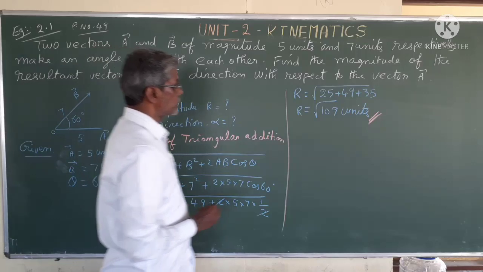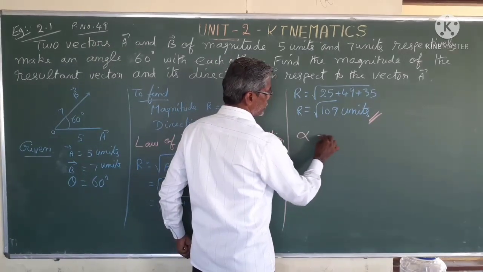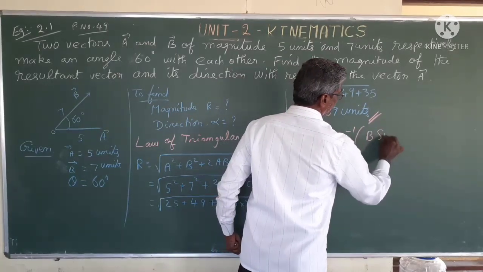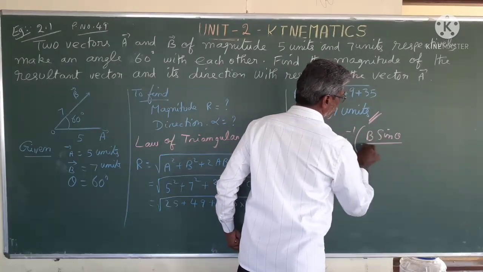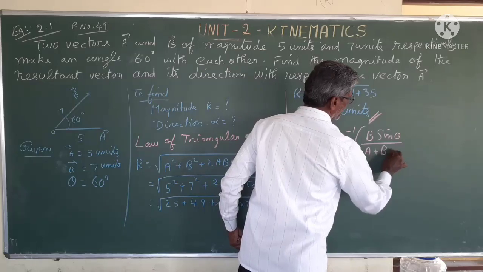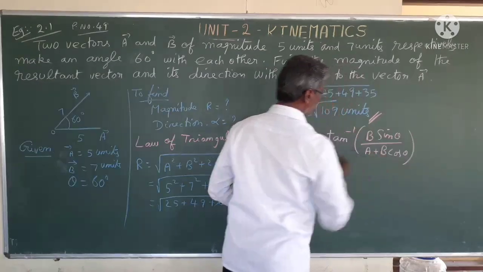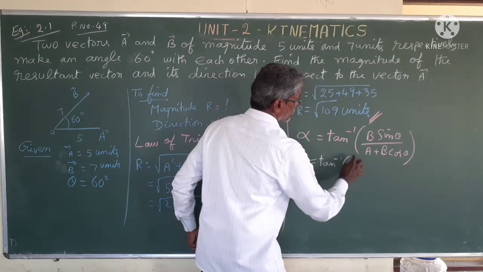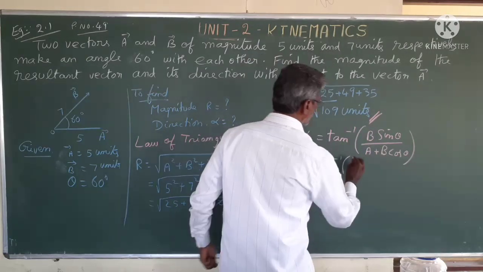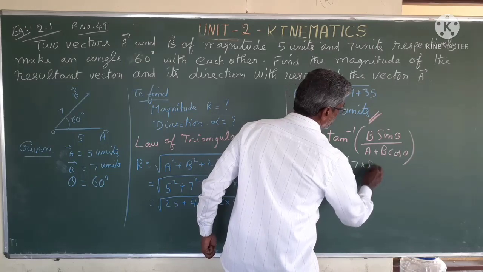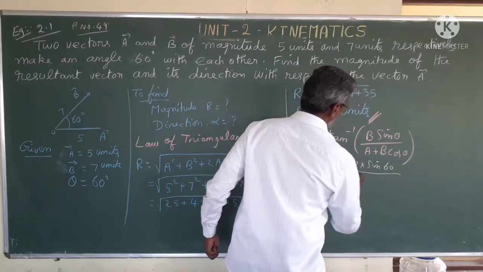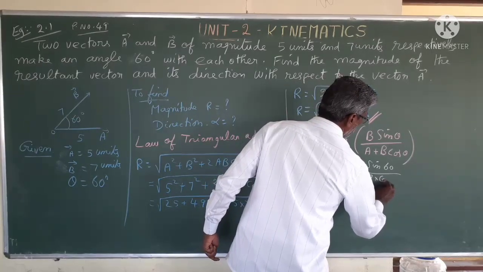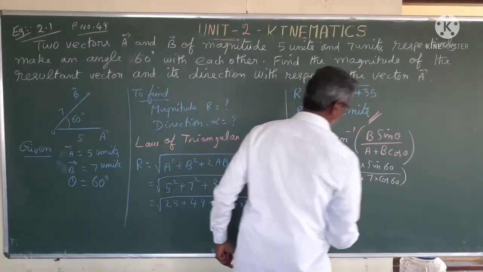Now we will go for direction. Alpha is equal to tan inverse of B sin theta divided by A plus B cos theta. So tan inverse of, what is the value of B? 7 into sin 60 by A, 5, plus 7 into cos 60.